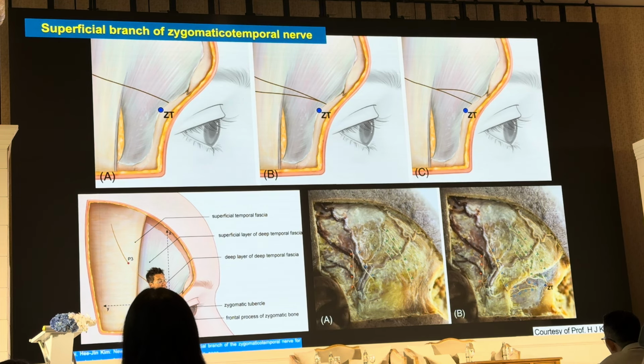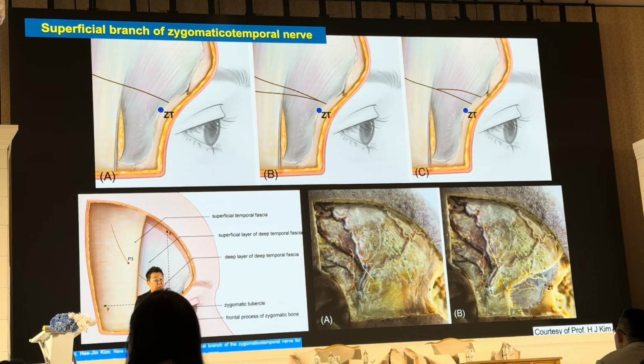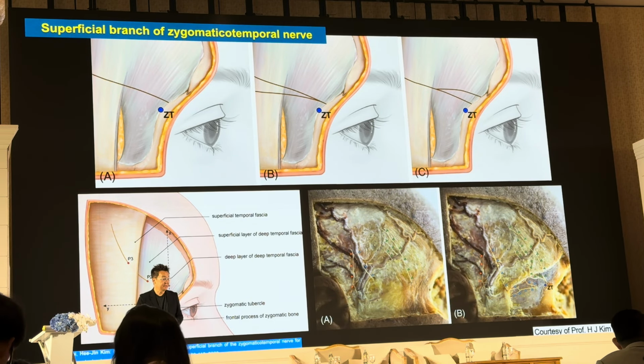We found that even though this branch is very fine, it travels through all the layers, including the deep temporal, the superficial temporal, and the dermis or subcutaneous layers, and its territory is greater than that of the previously described nerve branch, the so-called zygomaticotemporal nerve. So we name this the superficial branch.